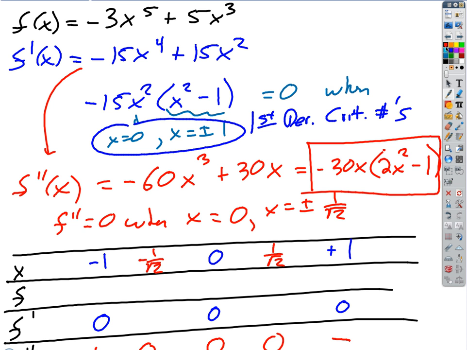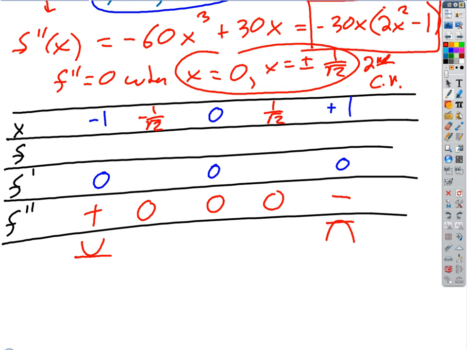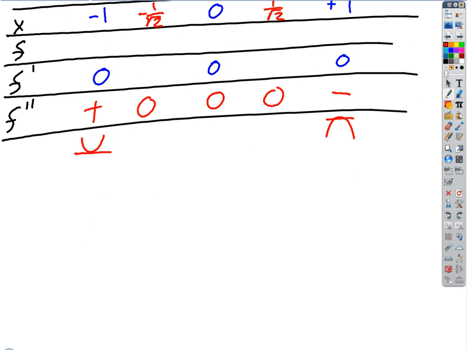That's right. And then down here, these are going to be where the second derivative is either undefined, which is nowhere, or equals 0. And then 0, of course, is just 0. Well, 0 is a double critical number, so that's one we don't know. So what do I do from here?